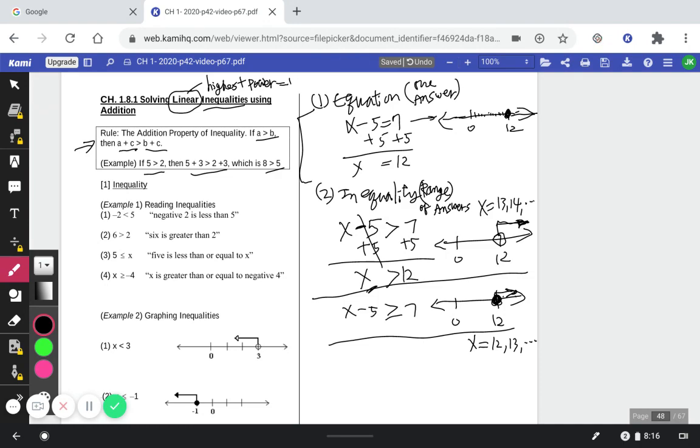So now, first of all, you have to know how to read inequalities. When you see this, you always read left to right. So you read negative 2 is less than.